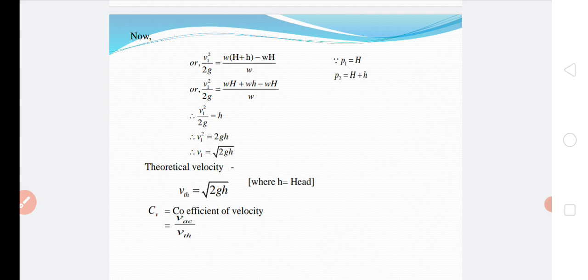So V1 square equals 2gh, so V1 equals root 2gh.